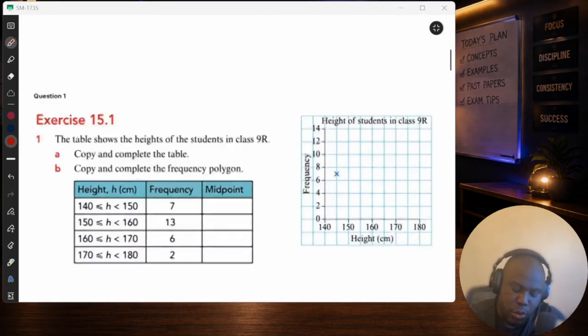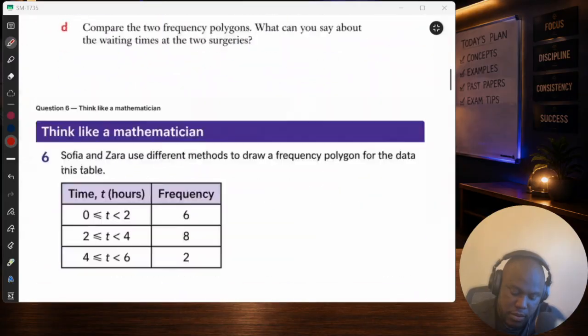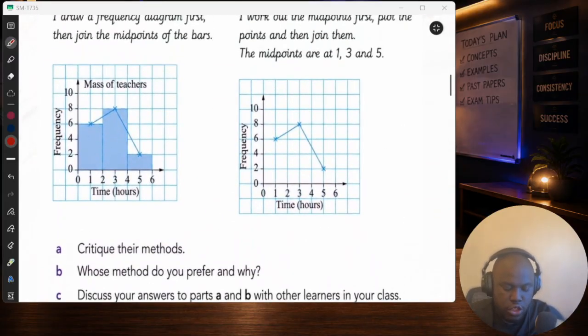Let me show you a frequency polygon if I can. Okay. Here is a frequency polygon. You only plot midpoints, okay? You can have these graphs, these charts, and then afterwards you show your midpoint. Here is a midpoint, another midpoint, another midpoint.